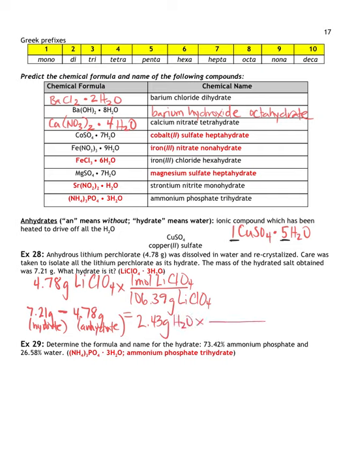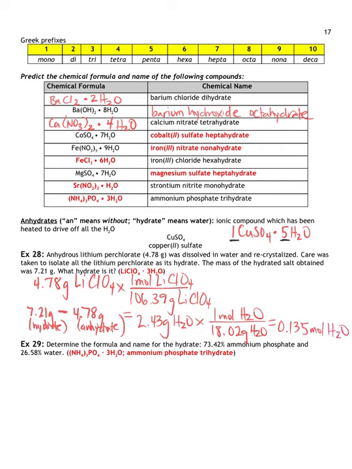And I want to convert that to moles. My molar mass is 18.02 grams. Dividing by 18.02 gives me 0.135 moles of water.